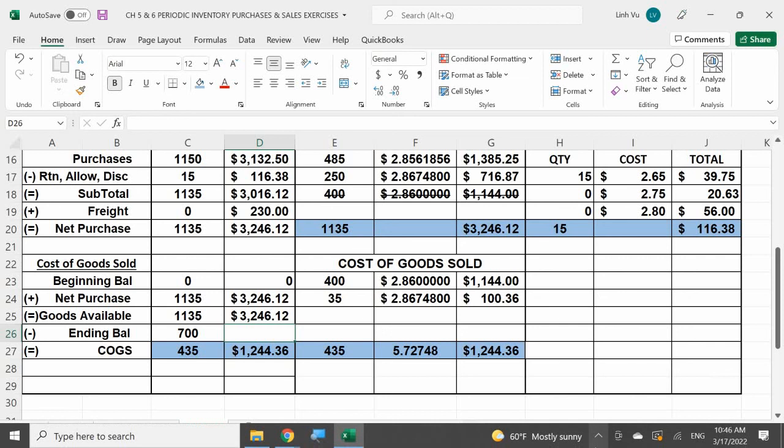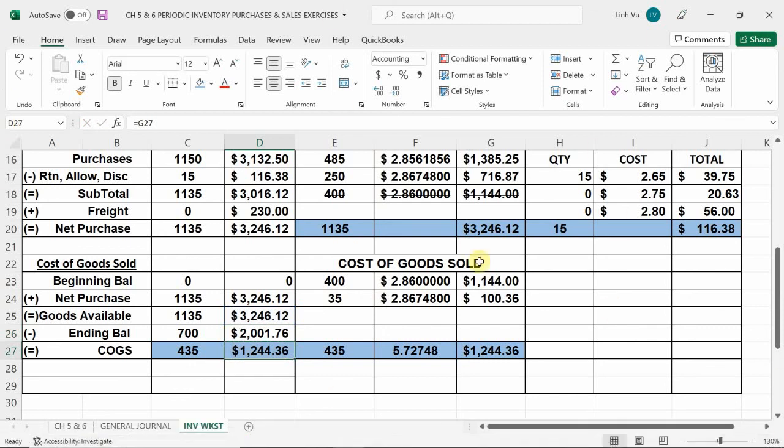So therefore, my ending balance should equal 2,001.76.